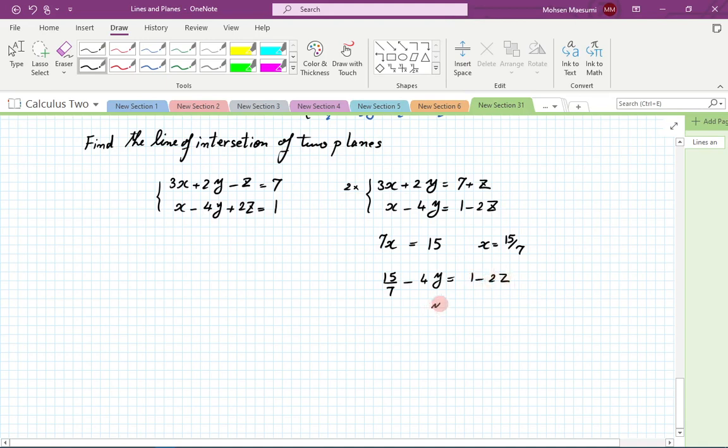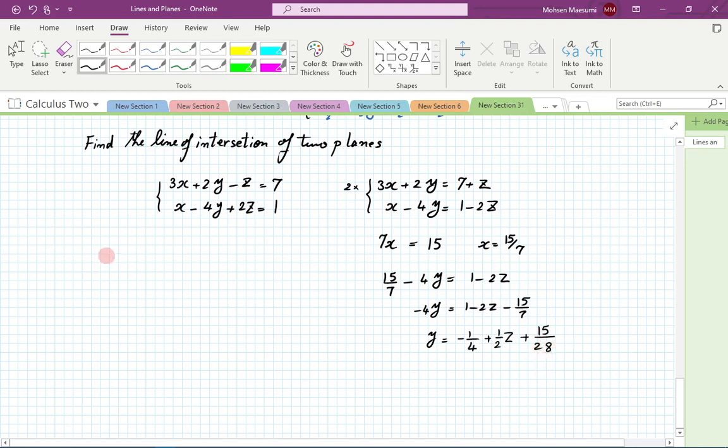So y becomes, let's write, minus 4y is 1 minus 2z minus 15/7. I divide by minus 4, so I'll get y is equal to minus 1/4 plus 1/2 z, and then minus 15/7 divided by 4 becomes 15/28. So this is my y.